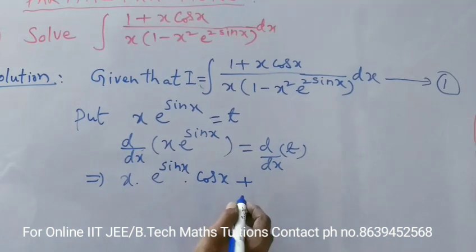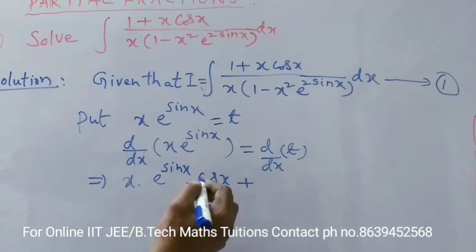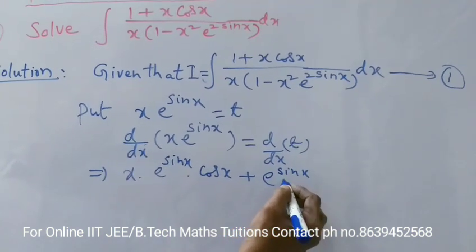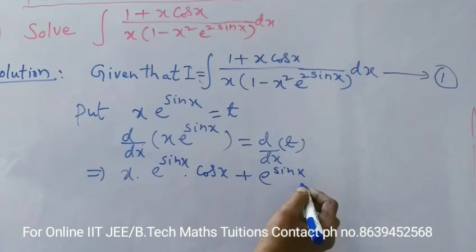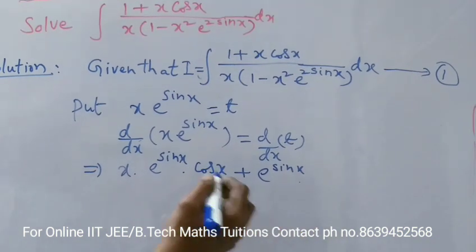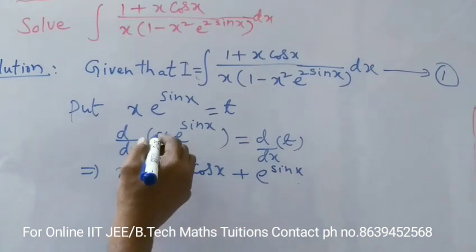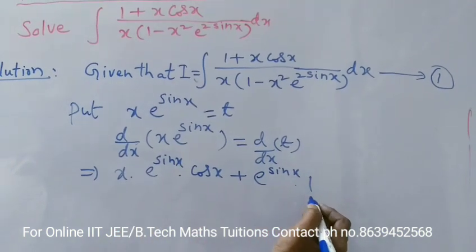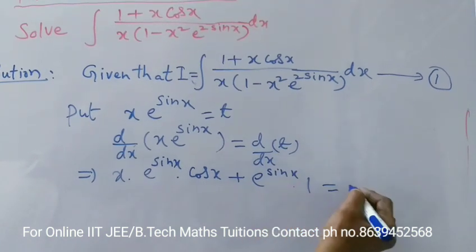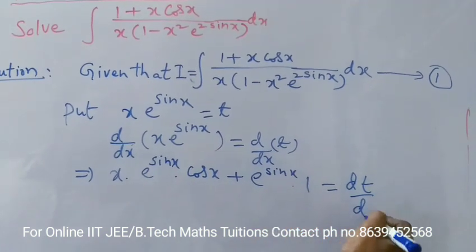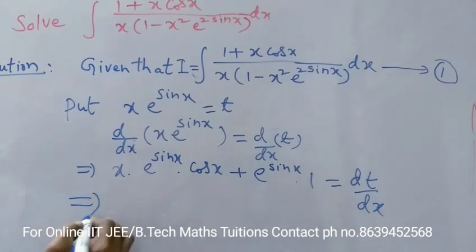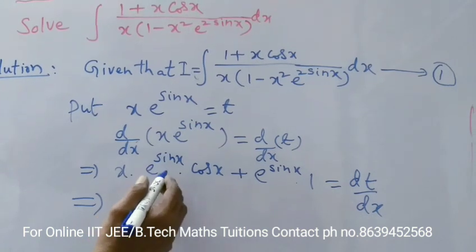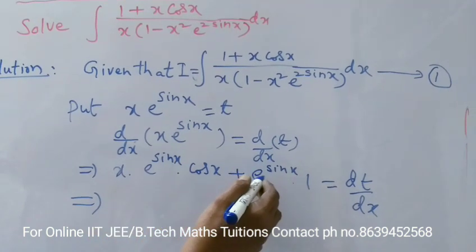plus v u dash: e to the power of sin x into d by dx of x. Differentiation of x is 1. That means 1 is equal to dt by dx. Plus, e to the power of sin x is there in the first term and also in the second term.